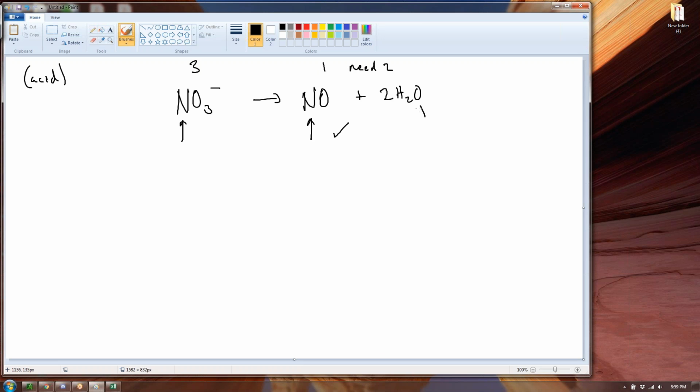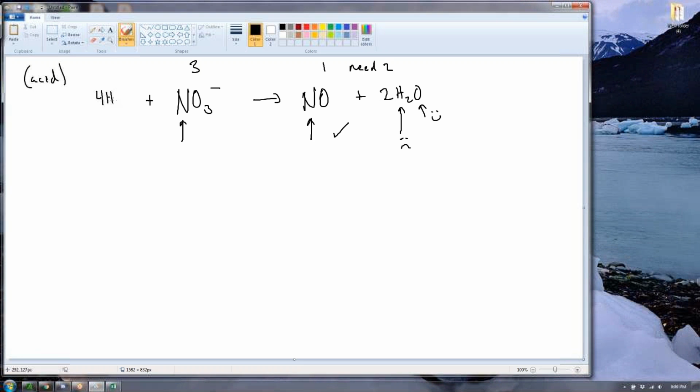Because what you have just done is added those 2 oxygens. But what did you just do? You added 4 hydrogens. For every water that you add to one side, you add twice the amount of H+. That's the counterbalancing you have to do. So you need 4 H+ on this side. That balances all the elements. Now you have to balance charge. What is the charge on this side? 0.